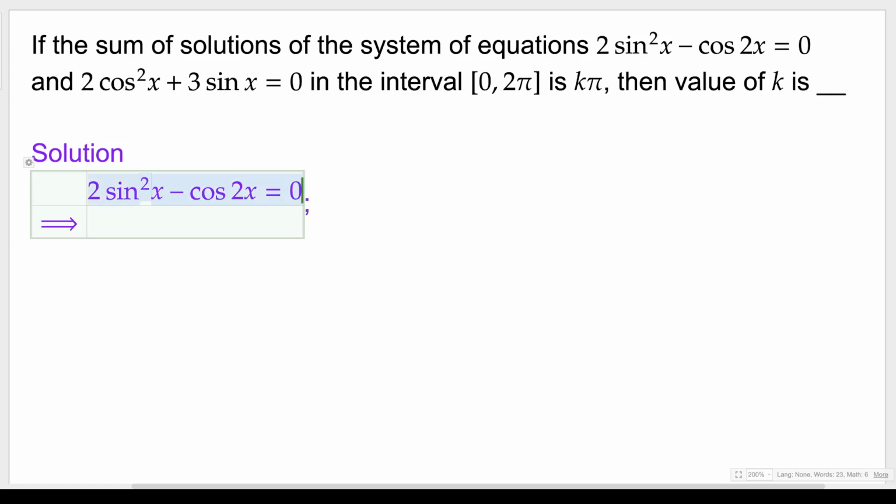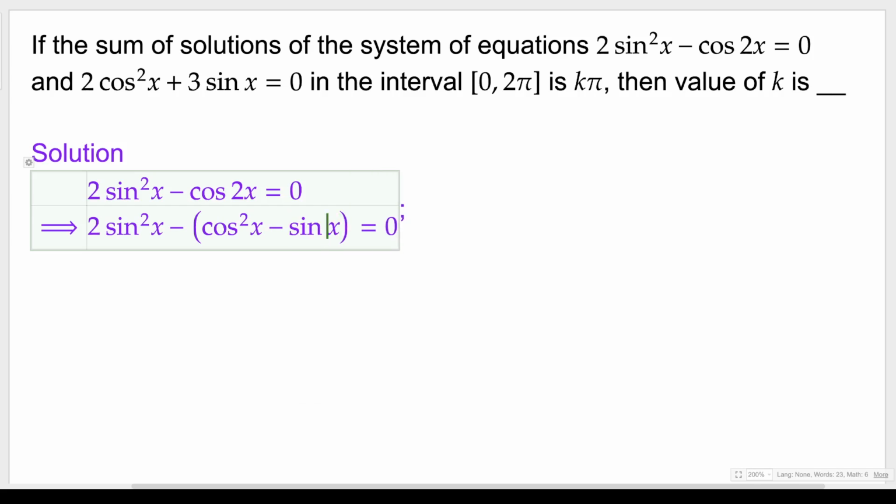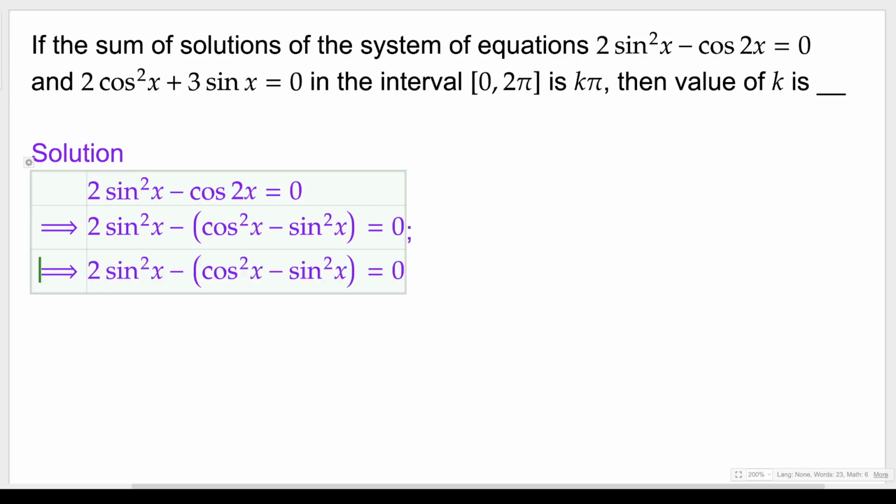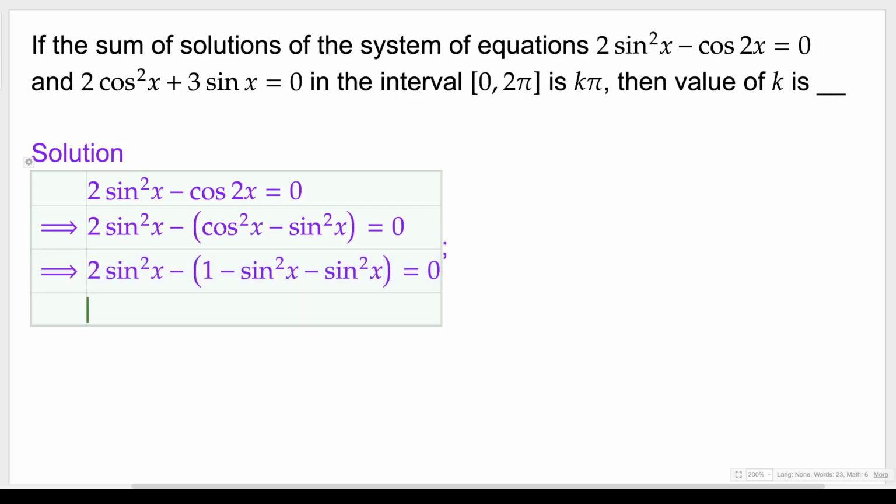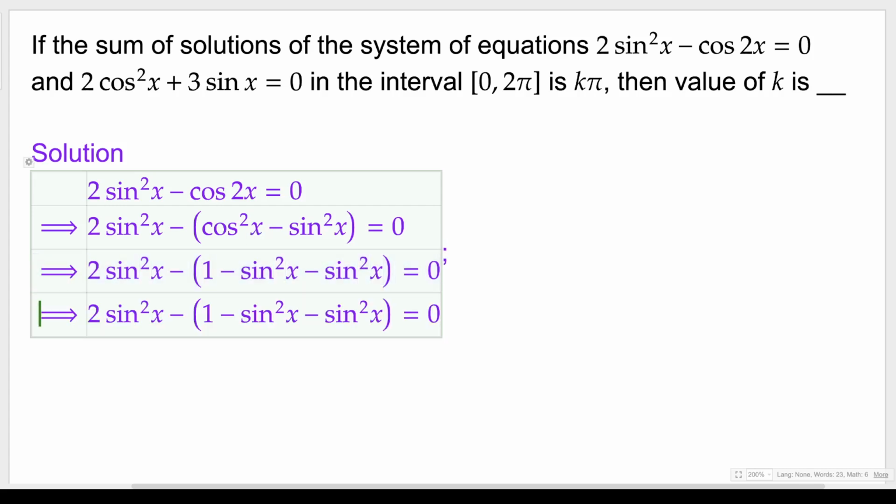Now if you observe this equation, for cos 2x we can use the identity cos x squared minus sin x squared. In the next step, this cos x squared can be written as 1 minus sin squared x. And because it is present 2 times, I can write 1 minus 2 times this, right?